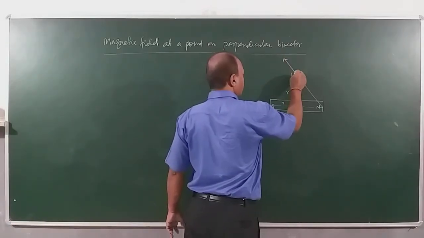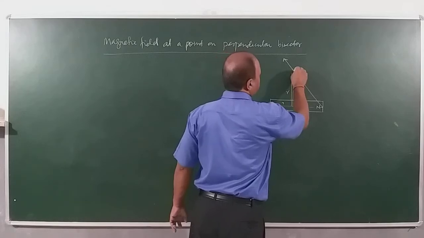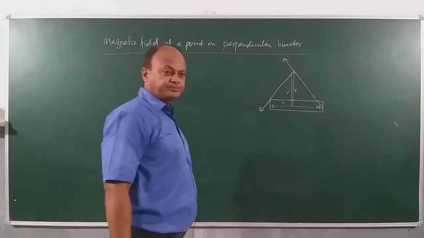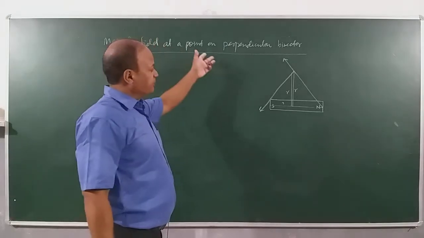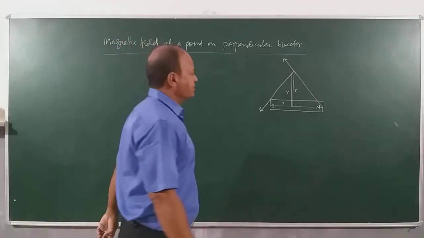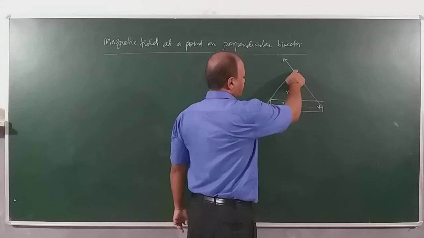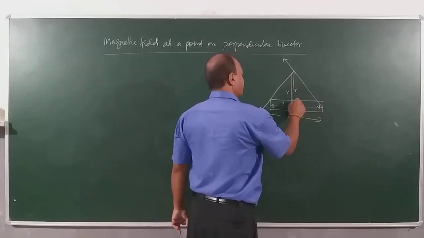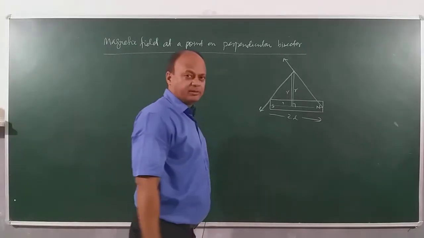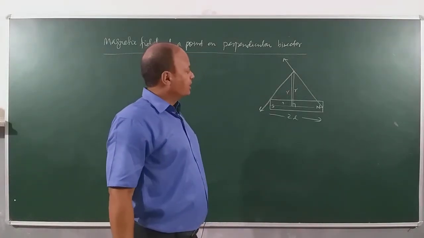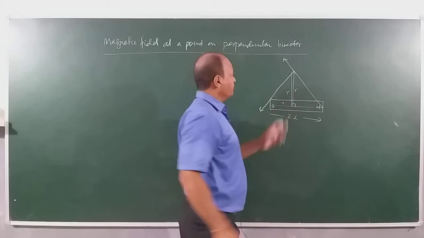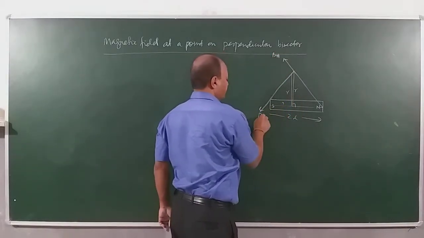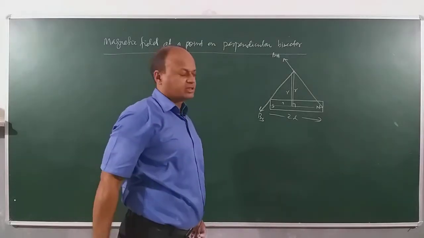Here we want to calculate the magnetic field at a point P on the perpendicular bisector, with the same assumptions. The distance of point P from the center is r, the length of the magnet is 2l, and the point is located along the perpendicular bisector. Now the field due to the north pole will be away from it, Bn, and the field due to the south pole will be towards it, right.